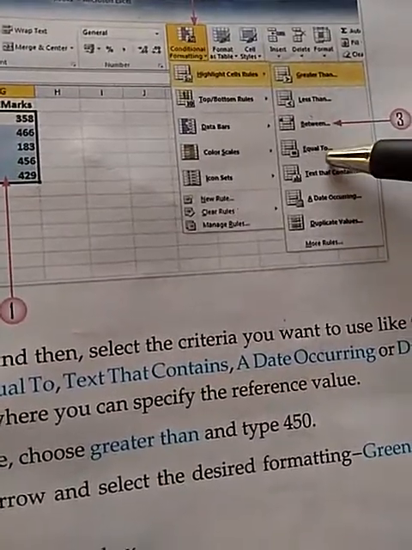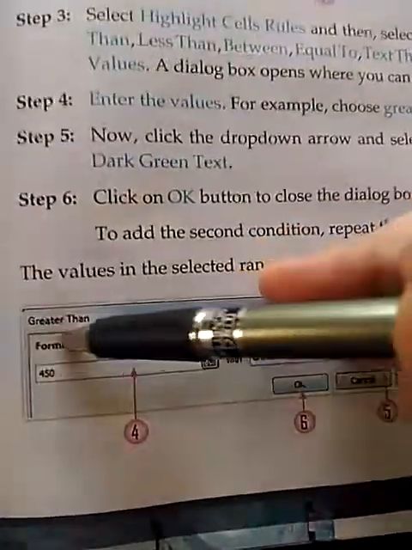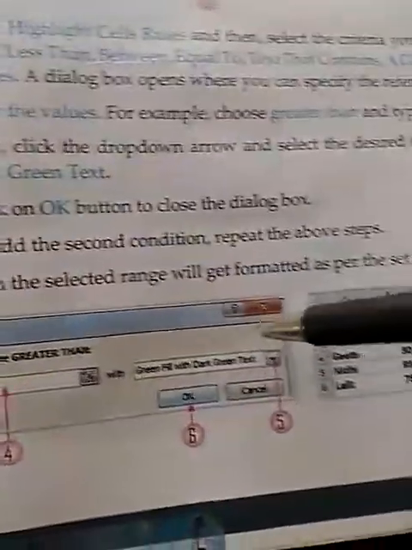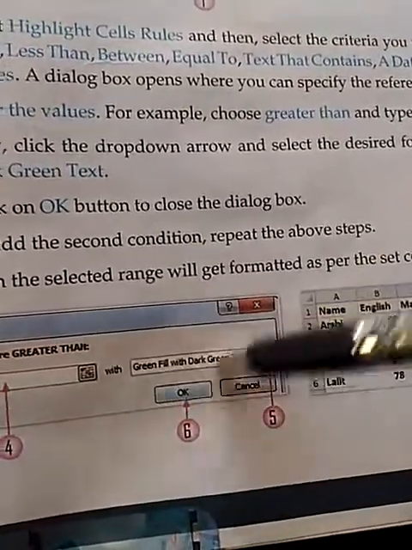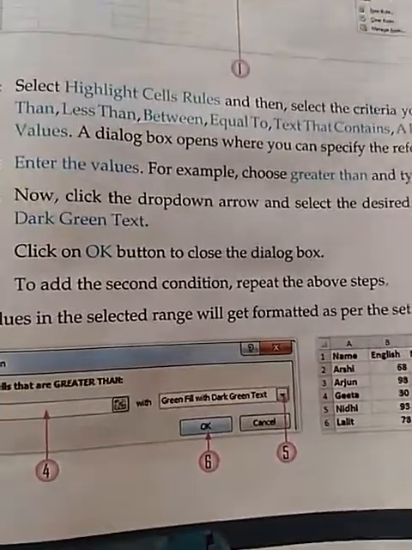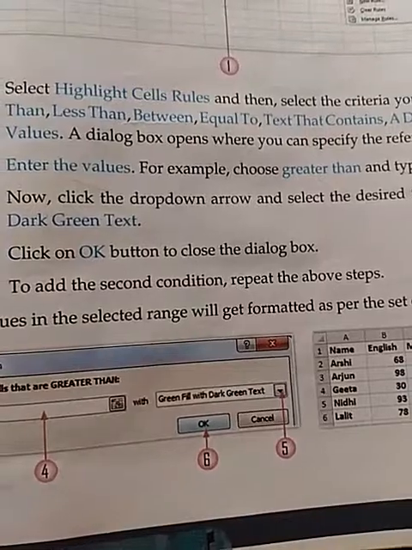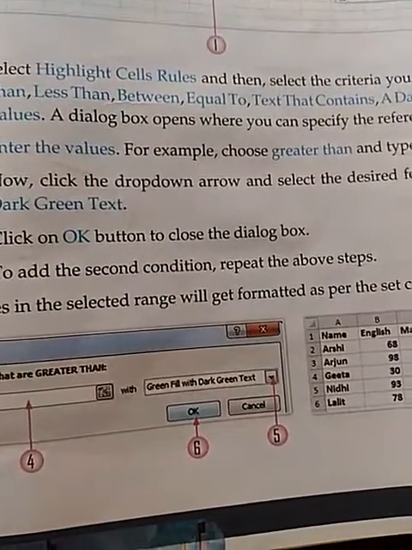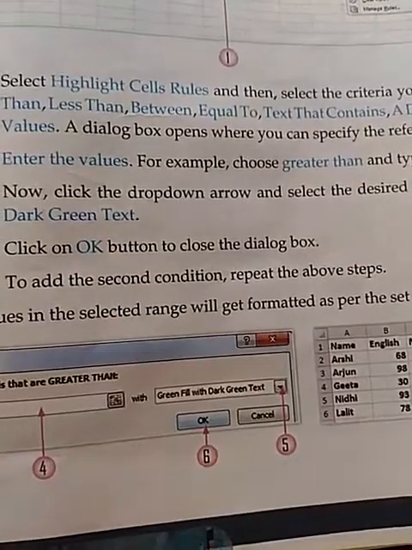After selecting the criteria, a dialog box will appear. In this dialog box you need to define the value, and after that you need to define the formatting option, what formatting option you want to have, and after that when you click this, the conditional formatting will be applied. So conditional formatting is used to format a specific cell according to some condition.